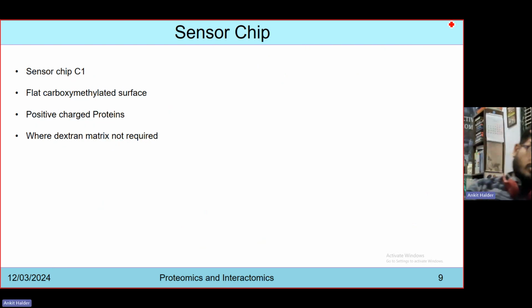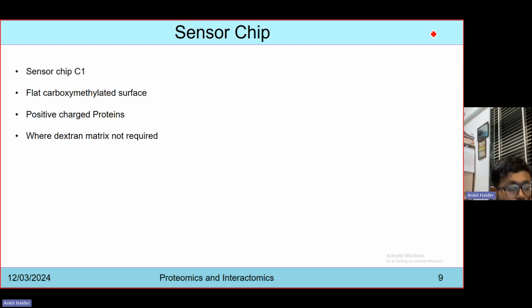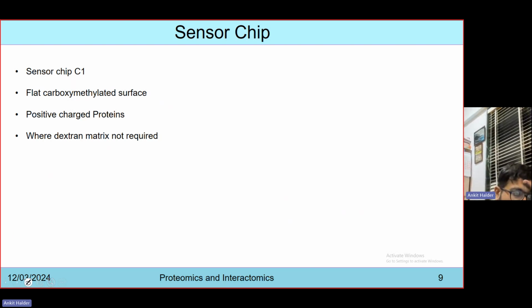So till now we will do a summary of the different kinds of chips we have gone through.